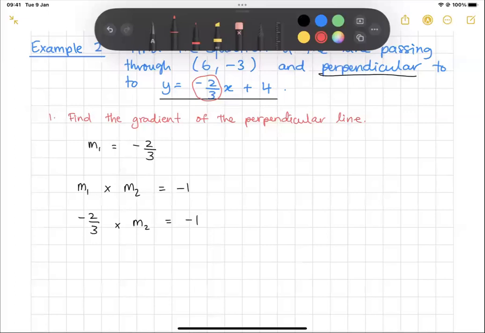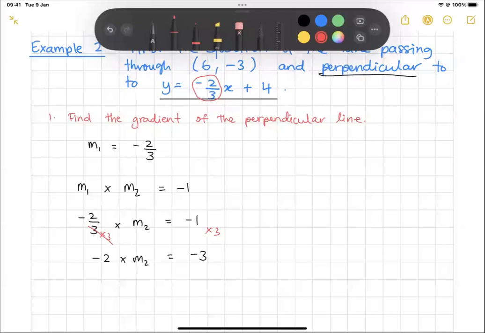I'm just going to do it the simple way, or the long way, I guess. I'm going to multiply by the denominator 3 so that I can get rid of it. 3/3, I'll just get rid of it. What I'm left with now is -2 times m2 equal to -1 times 3, which is -3.